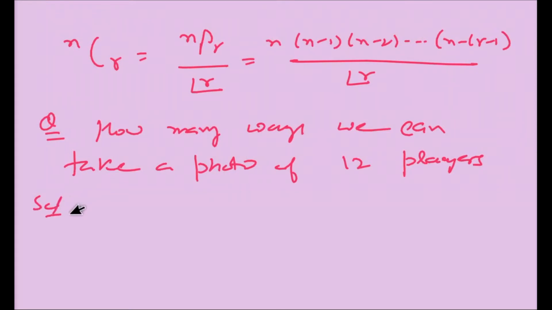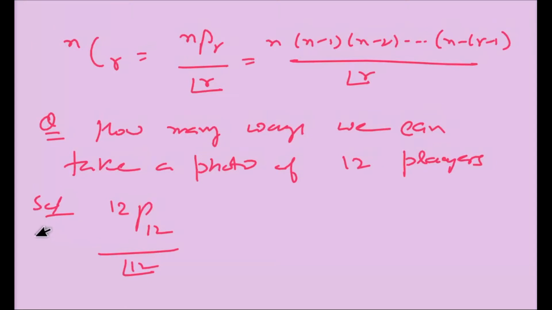Now you can think 12 players are there and we have to take a photo of them. We are taking all photographs, but they are all the same since they are players.